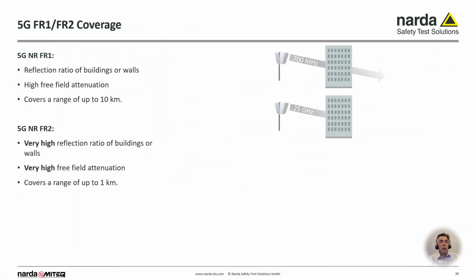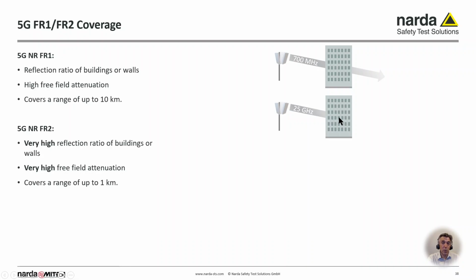When we look at the propagation of those kinds of signals in the high gigahertz range, the propagation is very different. 700 megahertz propagation goes through a building without big problems. But with a 25 gigahertz system, even a window is already a barrier for such signals.